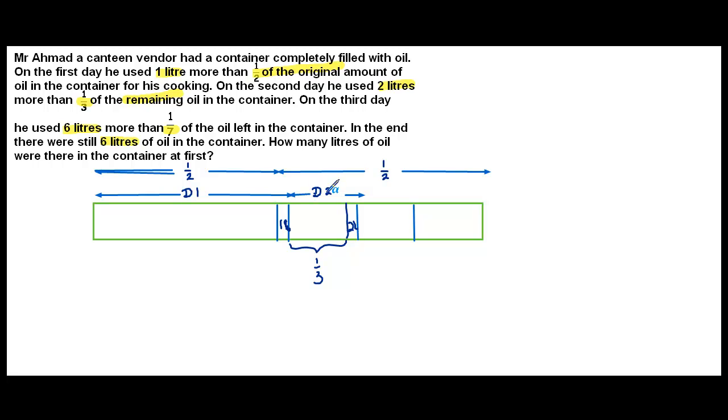For day 3, we were told that he used 6 liters more than 1/7 of the remaining oil. So to get 1/7, we have to divide the remaining portions here and here into 7 units. So we shall erase the dividing line here so that we can get 7 units.